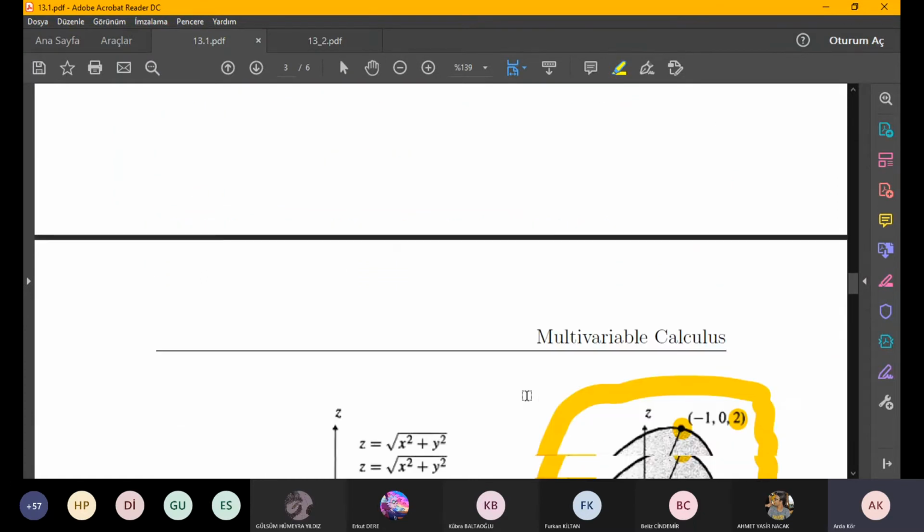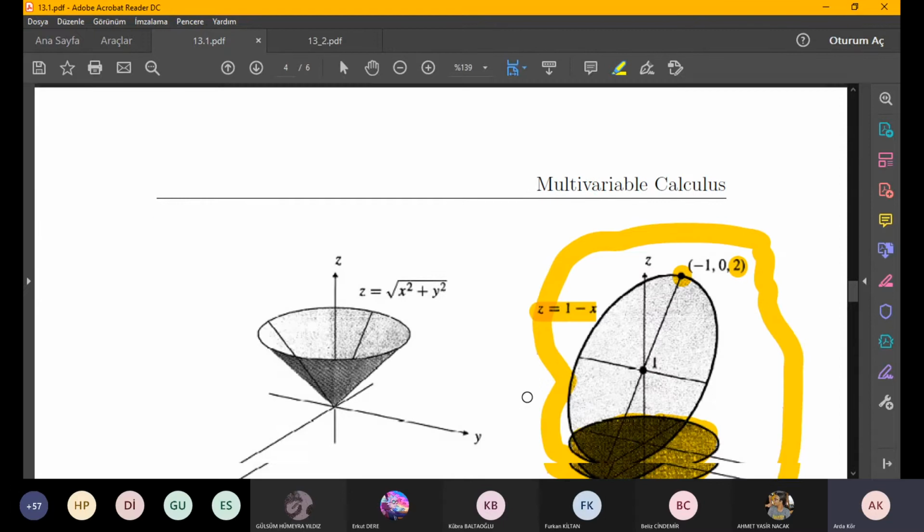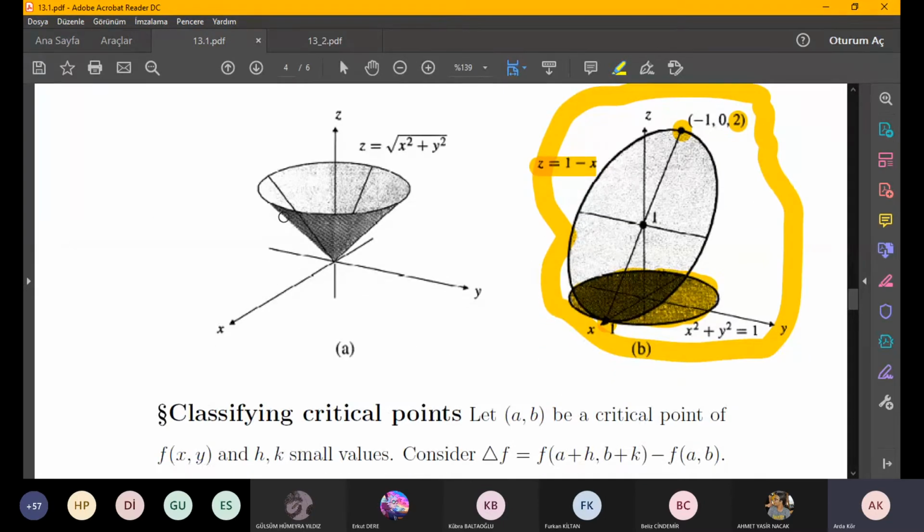The graph here on the left hand side is the first example that we see. At the point (0, 0), the origin, the function square root of x squared plus y squared has its singular point and also gets its absolute minimum value, which will be 0.